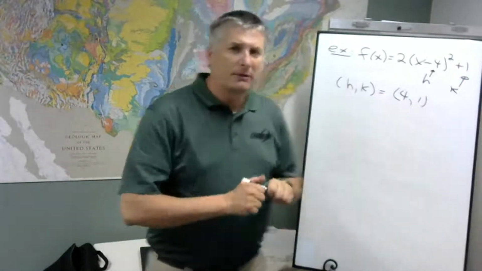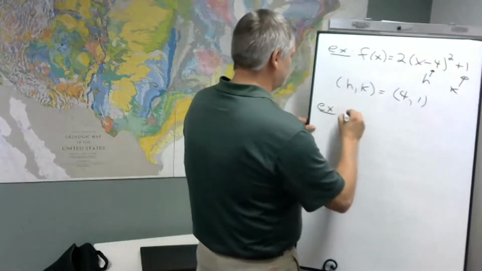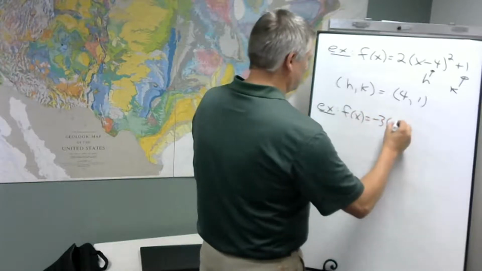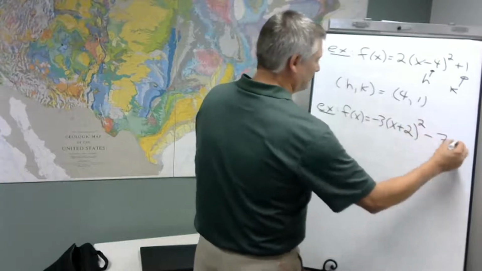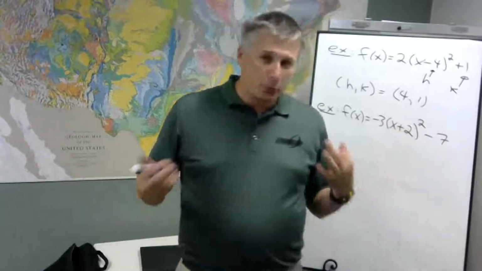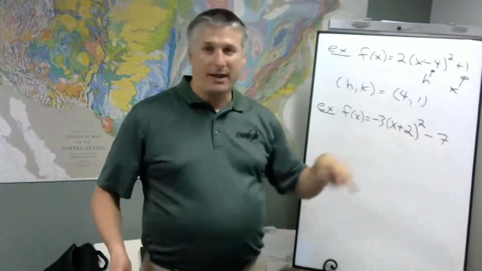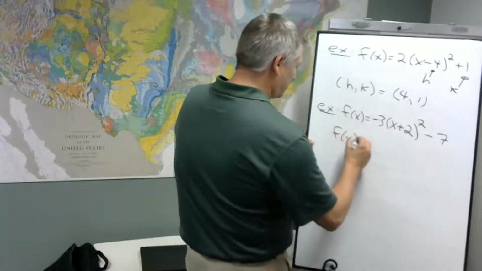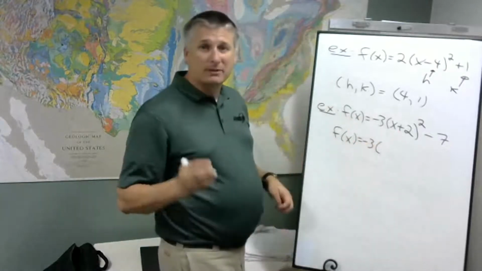Now let's try something a little different. Now what we can do is rewrite this so it's x minus h and then plus k. And the way we can do that is remember that a plus sign could come from a double negative.